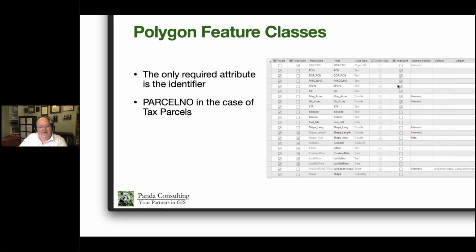But often you'll find something like this happening, where you'll have a PCN field, the property control number field. Then you have a different formatting one for the Department of Revenue parcel control number, and then an additional one called parcel no that's used for the shapefile. And then you'll have an SPCN field for the short property control number.